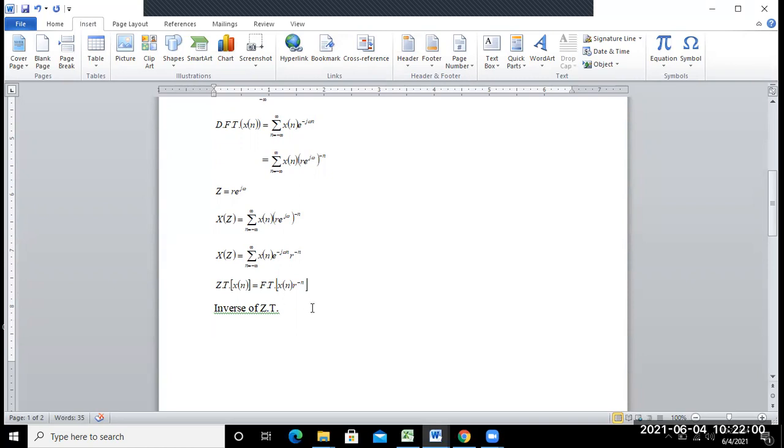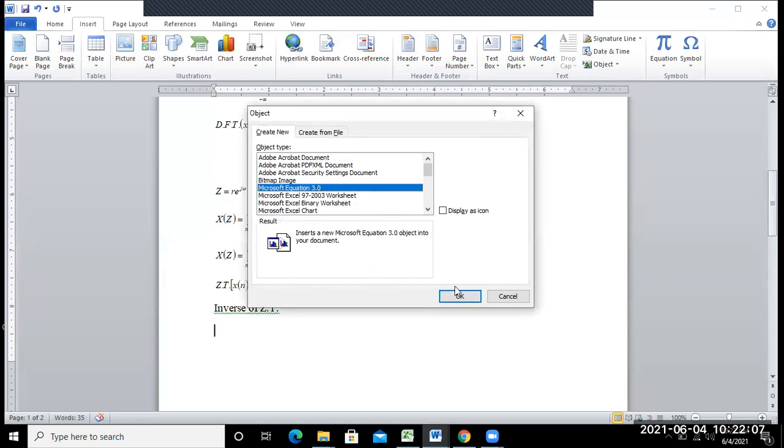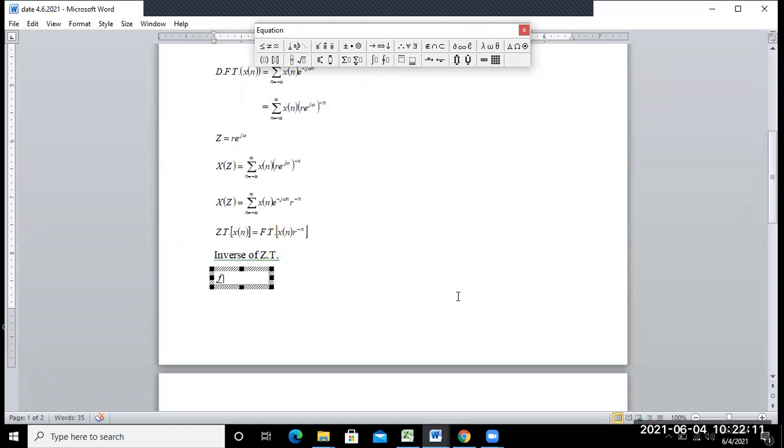So the Fourier transform of xn r to the power minus n is equal to X z.